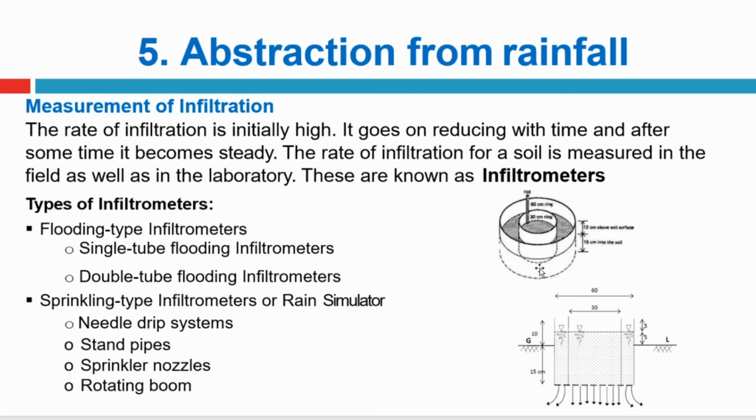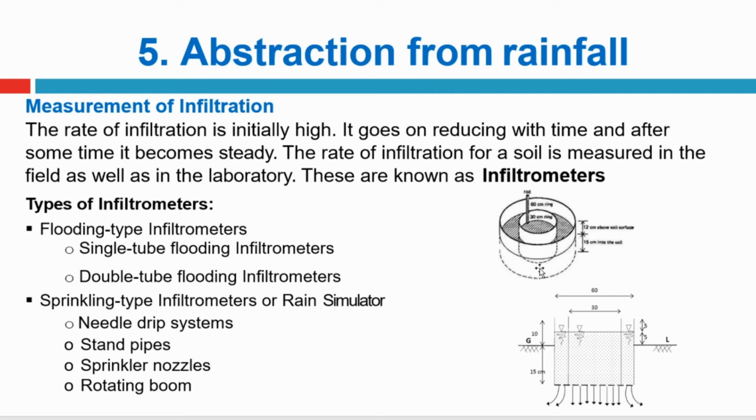From that you will get a graph. I'll show you what graph we'll get, but this is how we can find out the infiltration. Now assume for any given soil, in 5 hours around 10 centimeter of water has been penetrated, or infiltrated. So it gives you how much infiltration is taking place in a 5-hour duration. So if there is a 5-hour duration of rainfall, 10 centimeter of water will get penetrated.